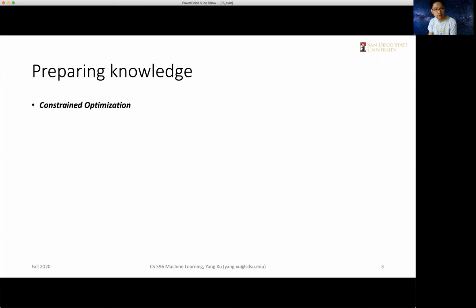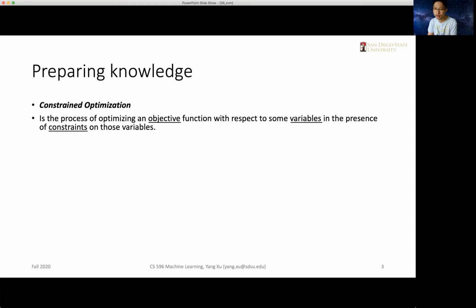So constraint optimization. This is a term in mathematics, and it refers to the process of optimizing an objective function with respect to some variables, in the presence of constraints on those variables.